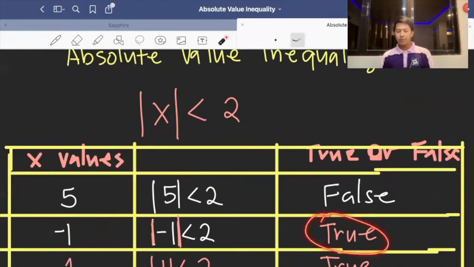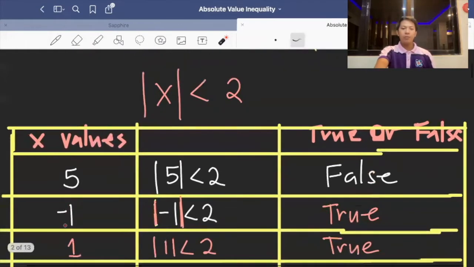That's why we say that -1 is a solution of that absolute value inequality. Next, how about 1? If we substitute 1, we have the absolute value of 1 is less than 2. That is true. So therefore, 1 is also a solution.